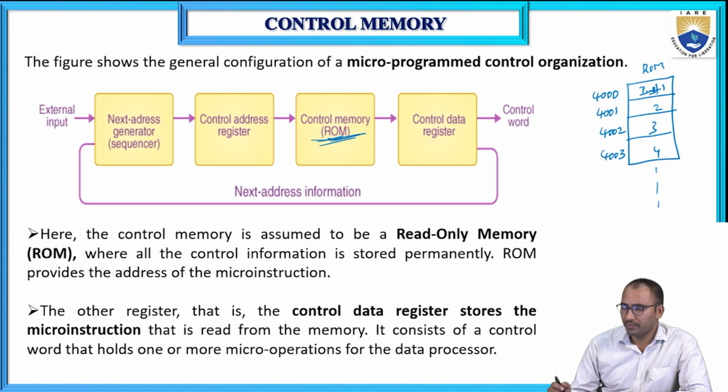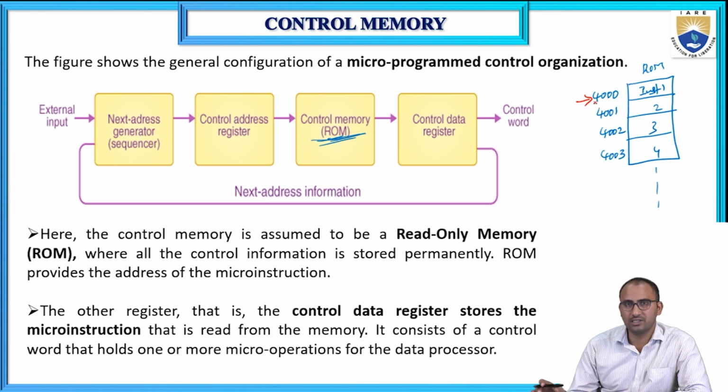Okay. So when the CPU executes the micro instruction at the address 4000, after executing, it has to generate the next address. It has to go to the next address.